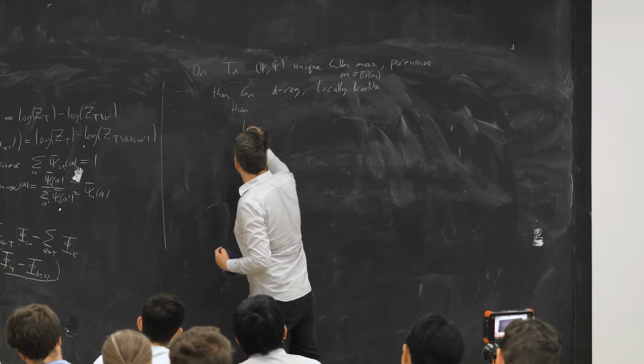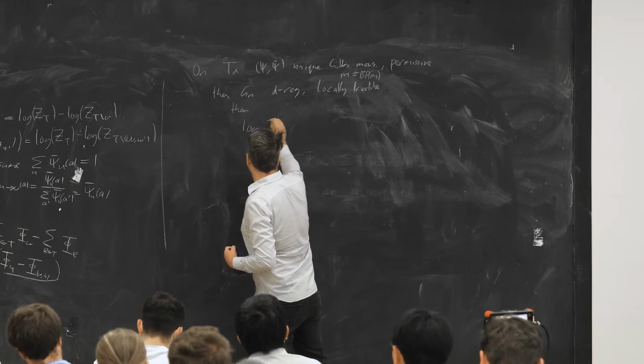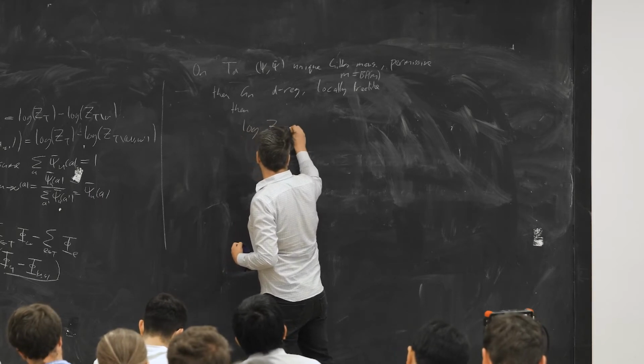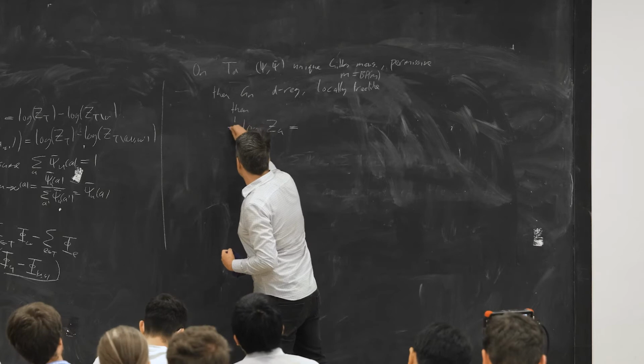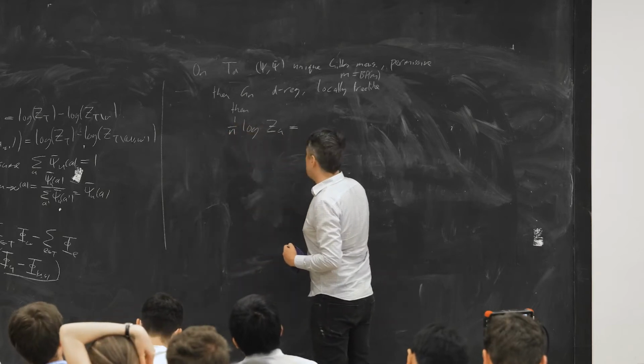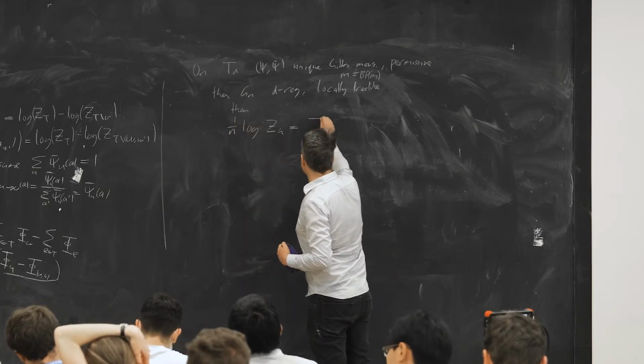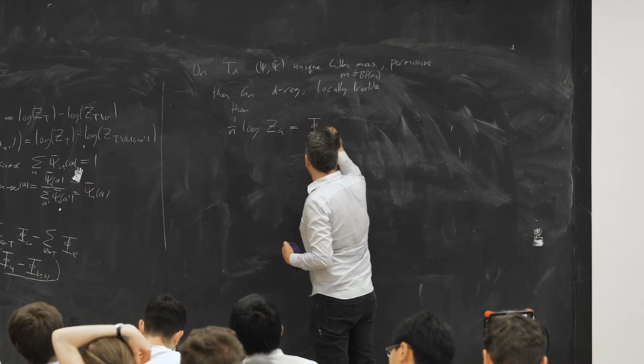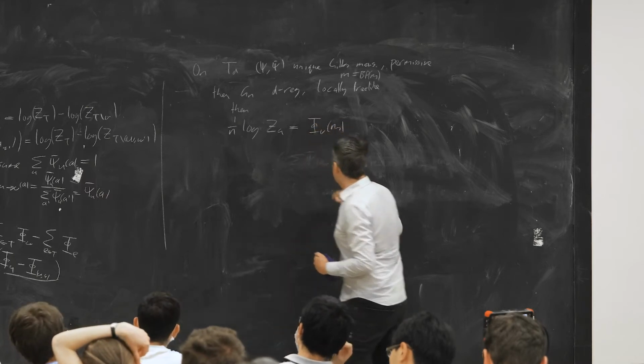Then log of Z_G, let's say 1 over n, is equal to phi_V of m.